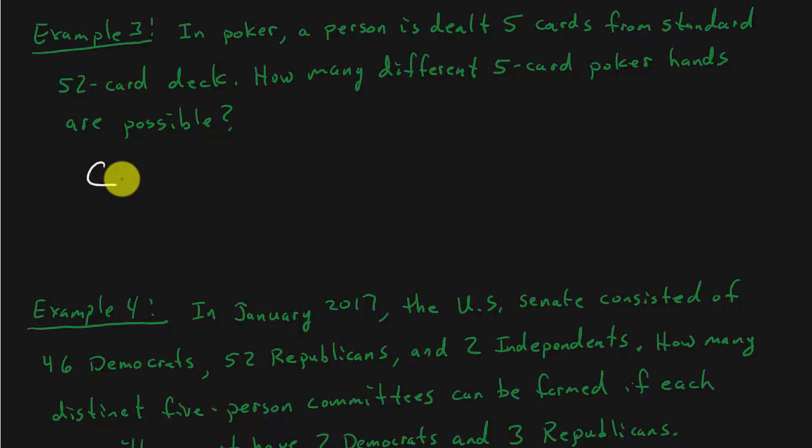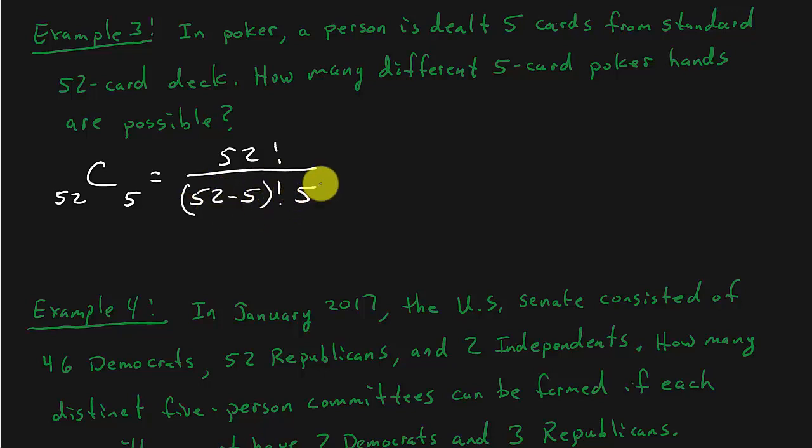And how many cards do we have? Well, there's 52 cards. So that's 52. And how many are you choosing? Well, you're choosing 5. All right. So I'll go ahead and put it into the formula. So that's 52 factorial over 52 minus 5 factorial times 5 factorial.